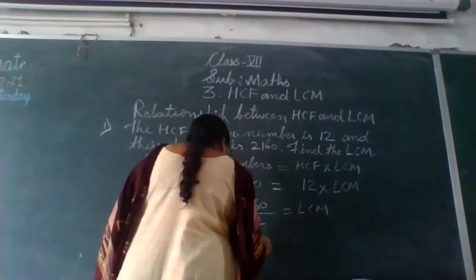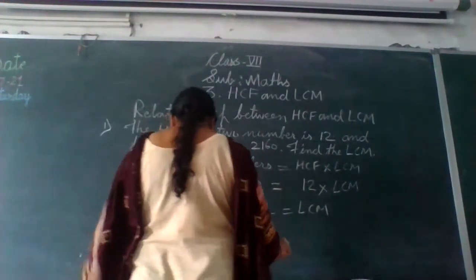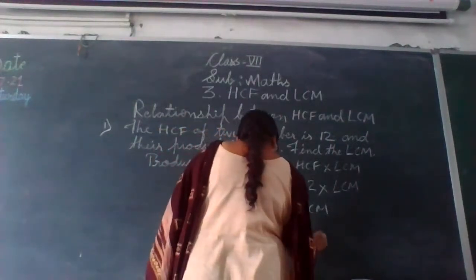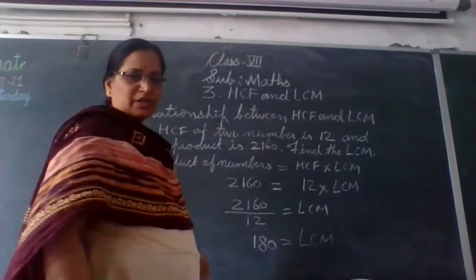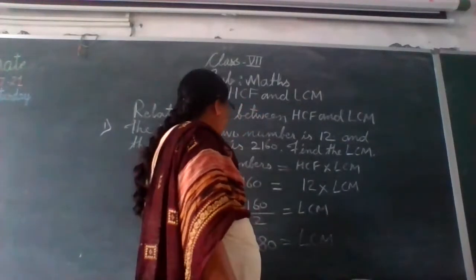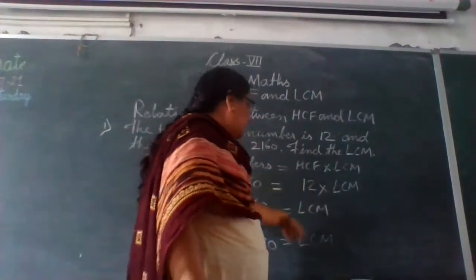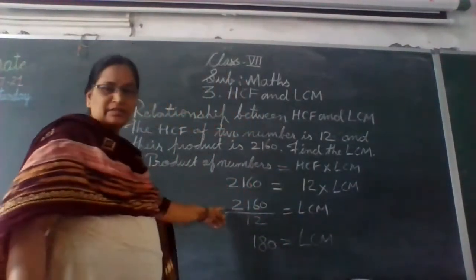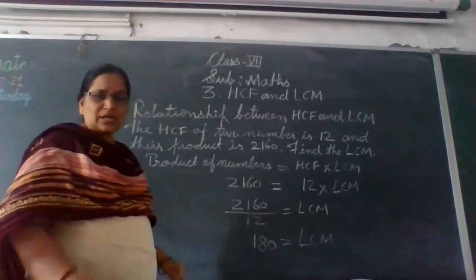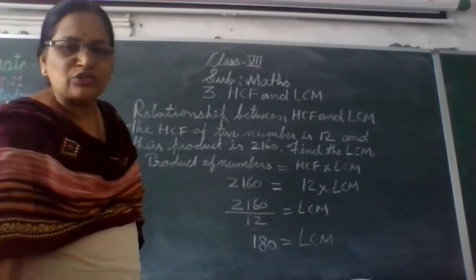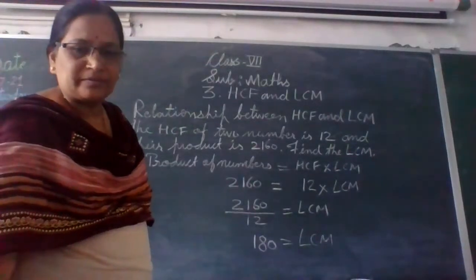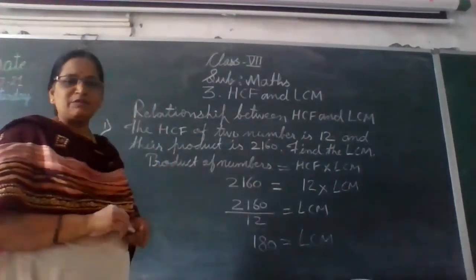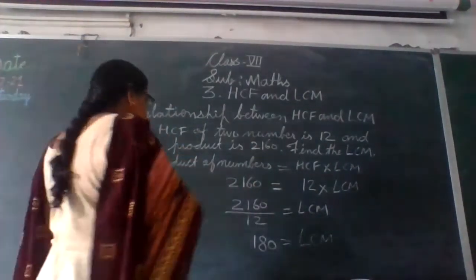You get 180. Okay, so you can check your answer. If you multiply this 12 and 180, means HCF multiplied by LCM, you will get this number. Okay, so in this way you can solve the questions on HCF and LCM and their product. Let us see one question on this relationship, beta.